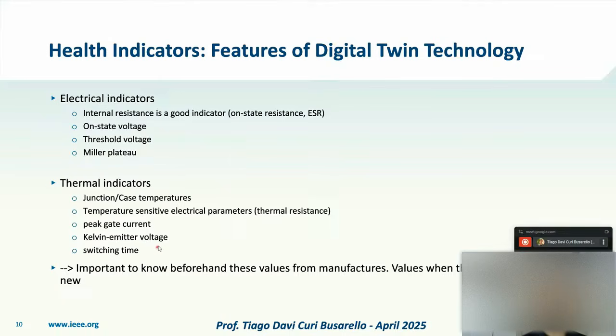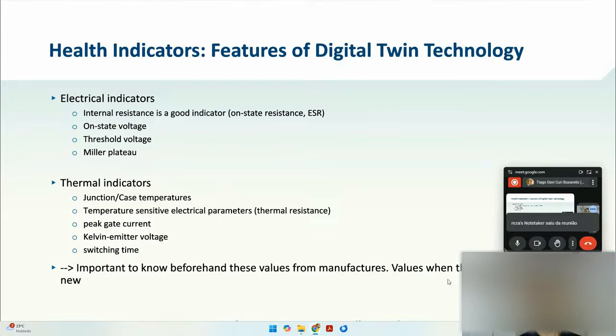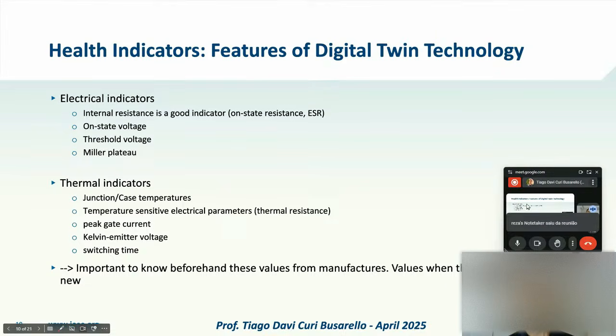We need to know beforehand these values from the manufacturers, because when the component is new, it has some initial values. For instance, let's say that you see on the data sheet of a new MOSFET that the on resistance has such a value, you can save this information in your virtual setup.